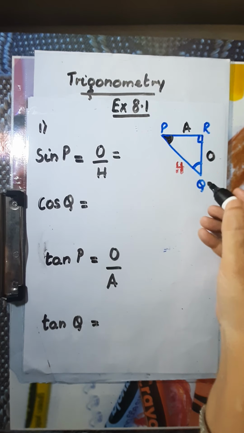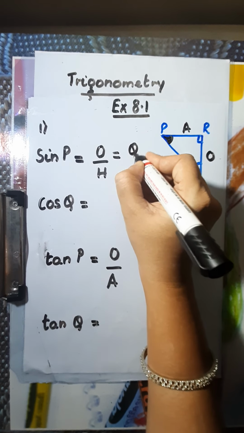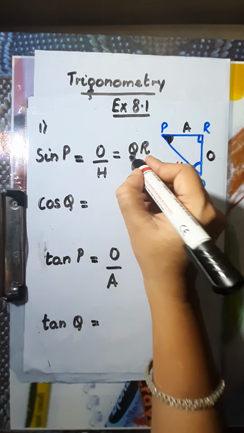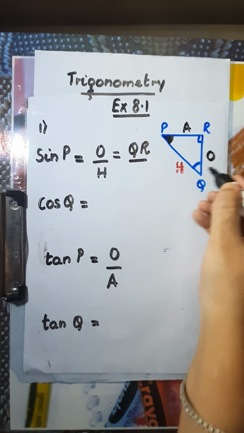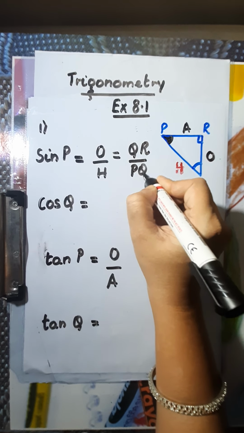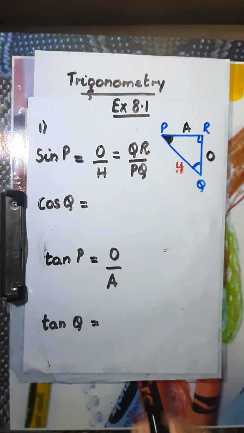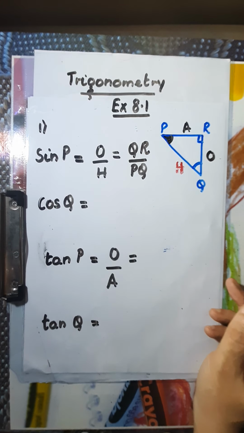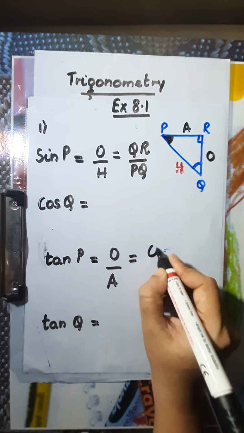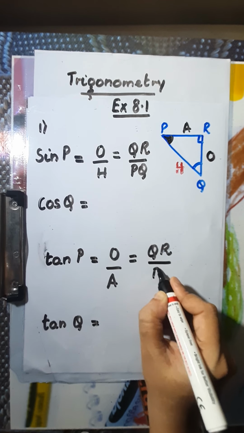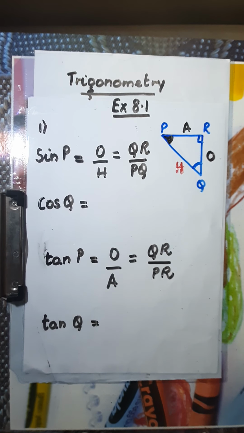For angle P, my opposite side is QR. And which is my hypotenuse? Just now I marked it, correct? My hypotenuse is PQ. Correct? Again, for tan P, same angle P I am talking about, opposite is QR. And which is adjacent? Adjacent is PR. So it is QR upon PR.